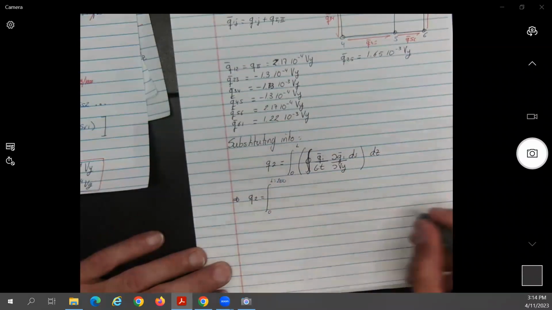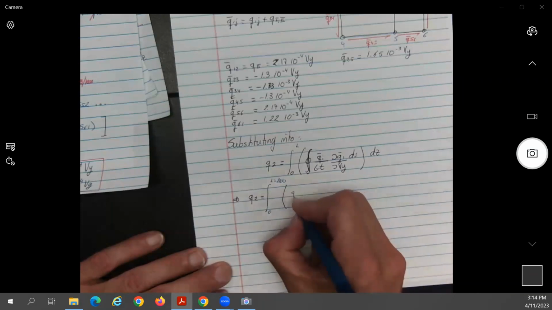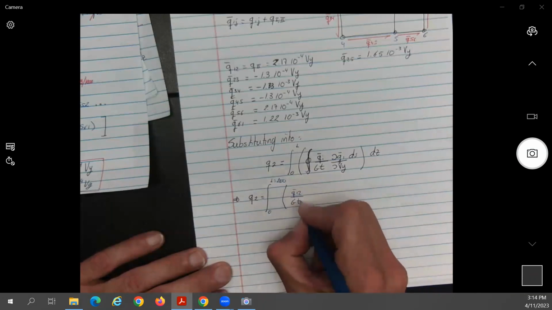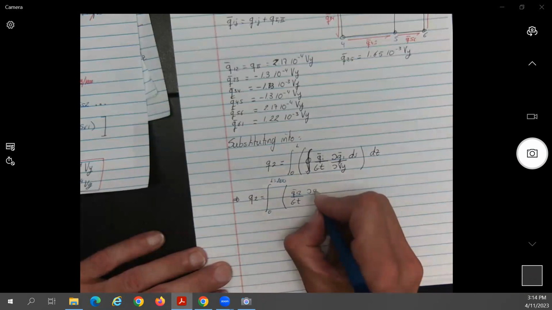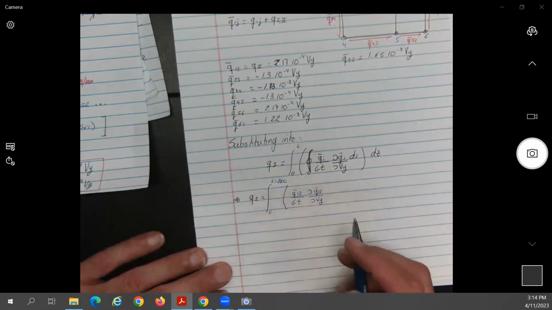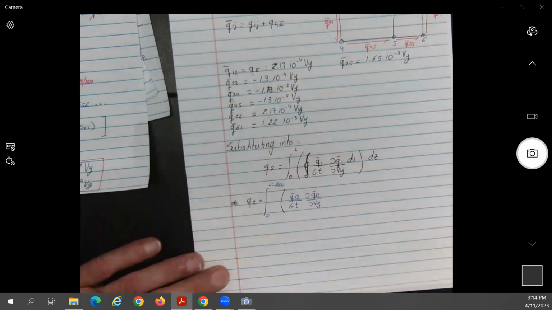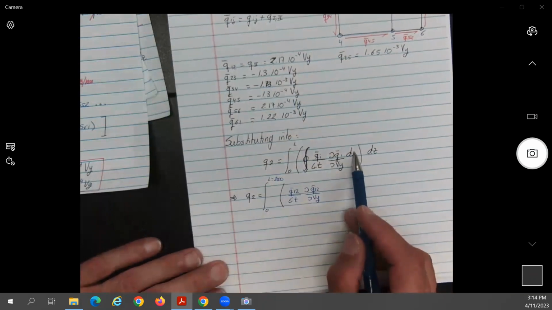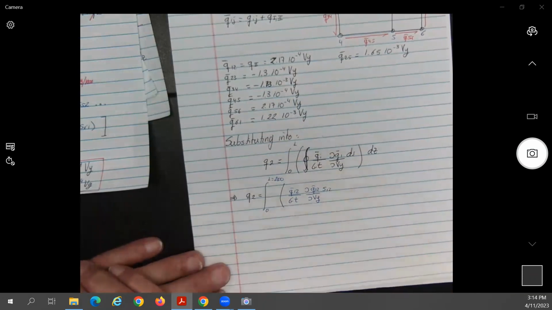And now what will you have? Q bar 1, 2 divided by GT times the partial derivative of Q bar 1, 2 with respect to Vy. So what would be that value? It will be 2.17 10 to the minus 4 times the distance. What will be the value of the distance over here? As 1, 2.